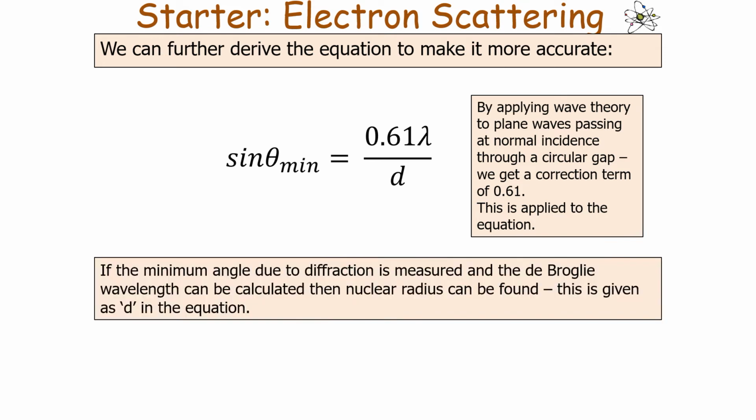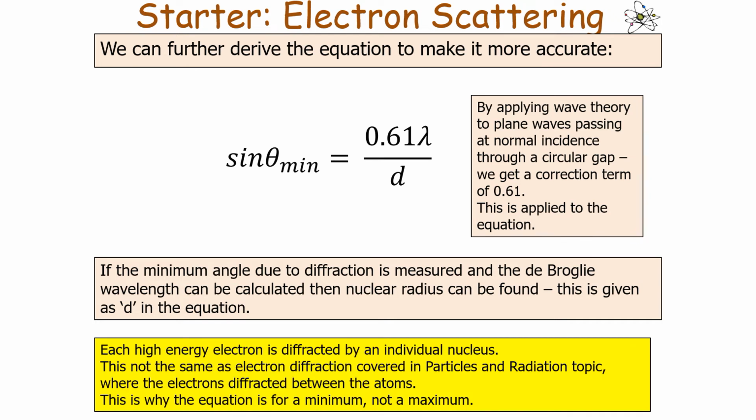If the minimum angle due to diffraction is measured and the de Broglie wavelength can then be calculated, then the nuclear radius can be found, which is given as d in the equation. Remember, each high energy electron is diffracted by an individual nucleus. This isn't the same as electron diffraction covered in the particles and radiation topic, which is where electrons are diffracted between atoms. This is why our equation is for a minimum value and not a maximum value.